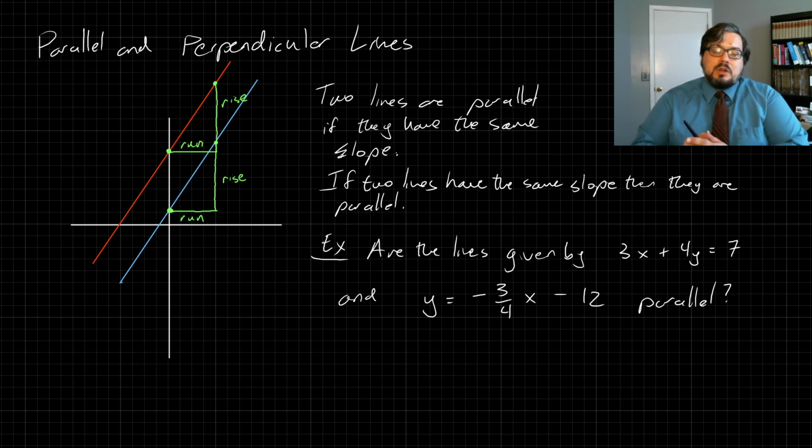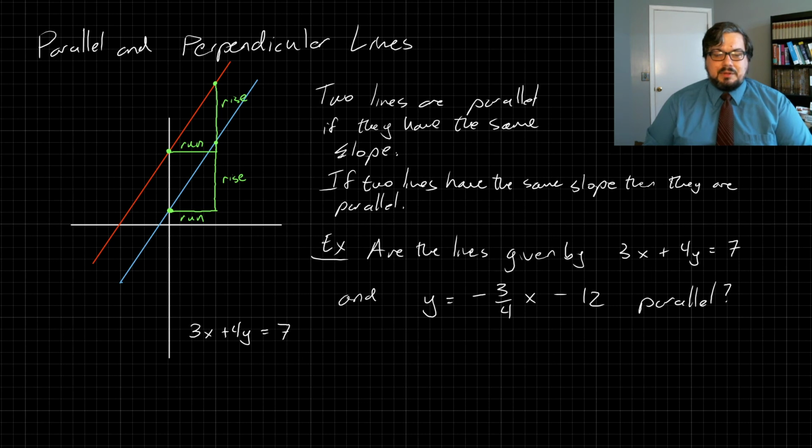So to work this out, we want to find the slopes of both of these lines. Now, we will have somewhat easier ways of working this out later, but for now, let's do that by finding some points on the lines and computing the slope.